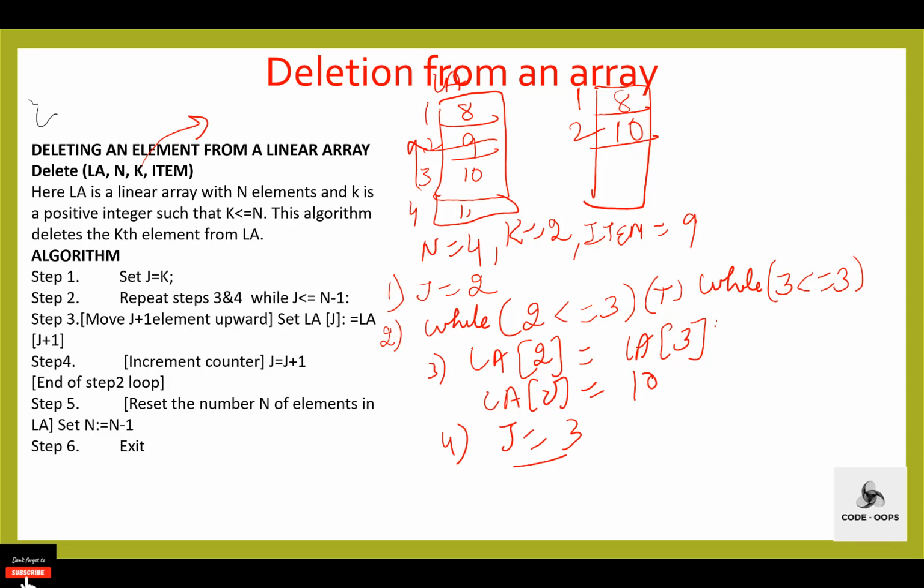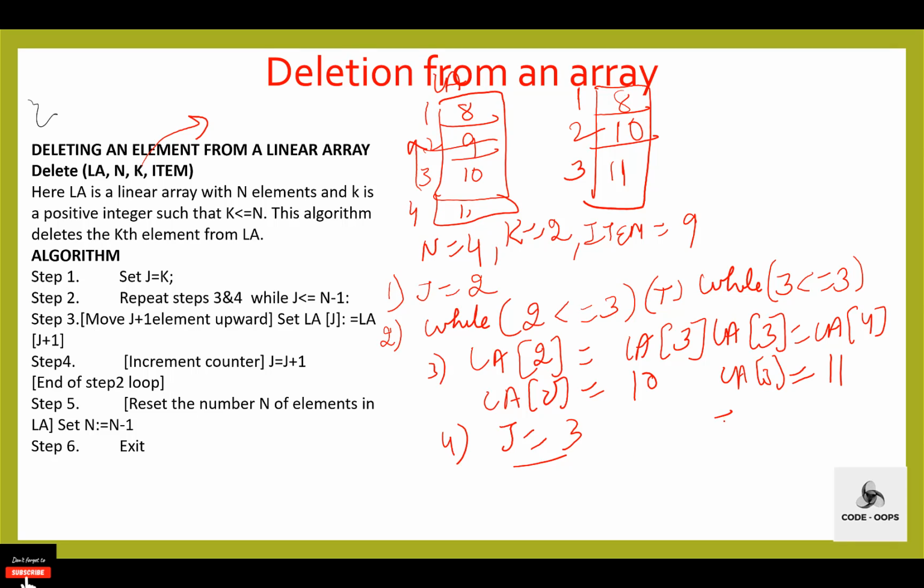Set LA of 3 is equal to LA of 3 plus 1, which is 4. LA of 3 is equal to LA of 4. The element at index 4 is 11. The element at the 4th index is shifted to the 3rd index.